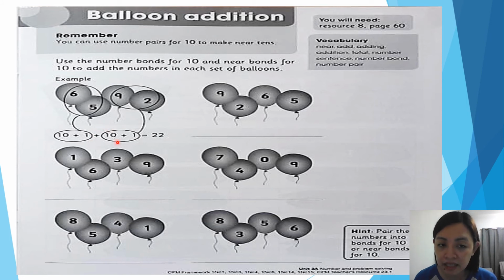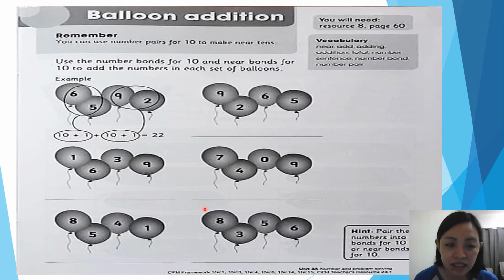Plus 10 is 21. 21 plus 1 is equal to 22. Okay, so this time, I will let you answer the 5 remaining items. You pause the video and then you will play it after you finish solving, okay?